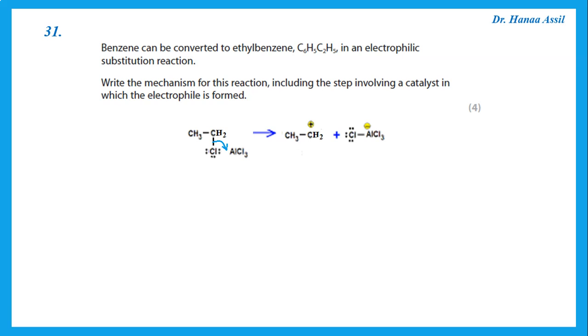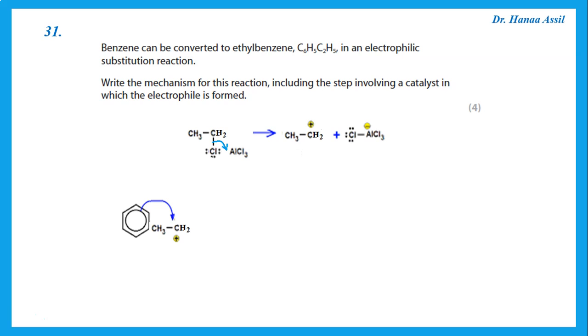Now, what is our catalyst? We said our catalyst is aluminium chloride, which acts as an electron acceptor, removing the chlorine from the reagent to form a positive species, which is the electrophile, and AlCl4 minus, aluminium with 4 chlorines, which is a negative species.